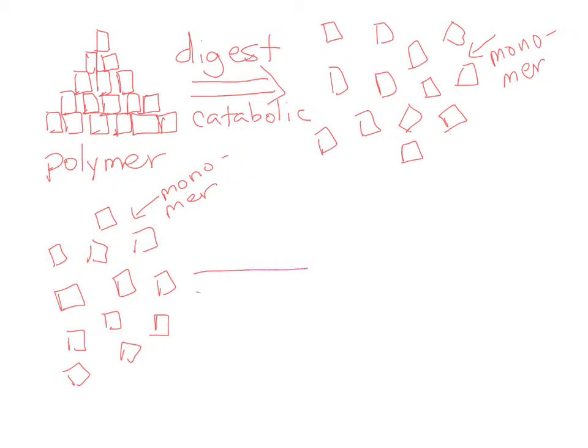We're going to put a nice big arrow here. And we're going to put the word synthesize above it. And we're going to write anabolic, because anabolic reactions inside our cells synthesize new polymers.